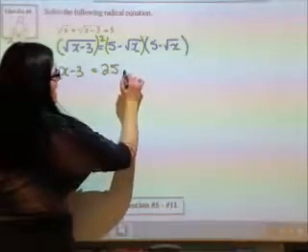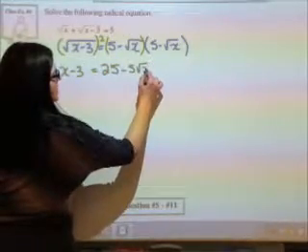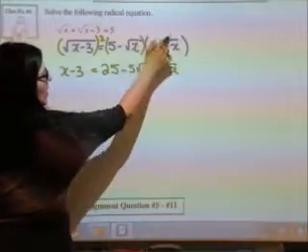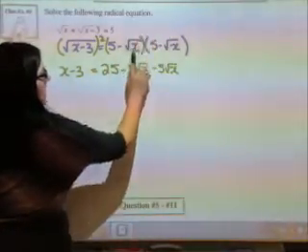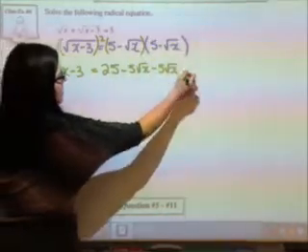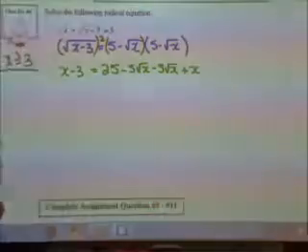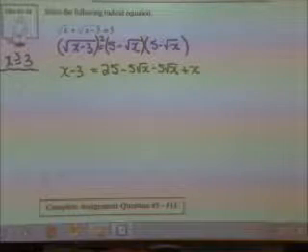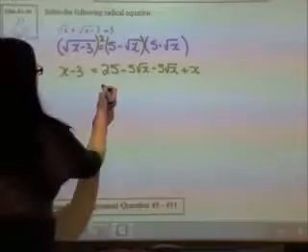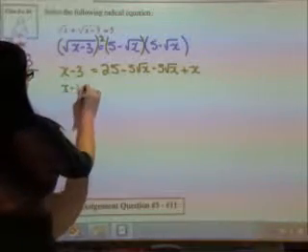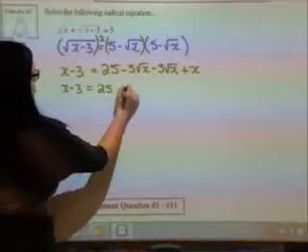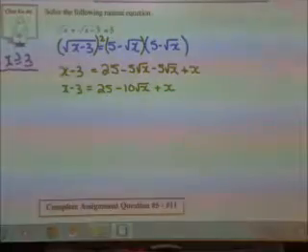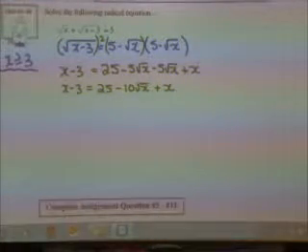I'm going to get a negative 5 root x, another negative 5 root x, and then when I multiply the last two terms, I get root x times root x, which would be just x. If I collect my like terms, I get negative 10 root x's.